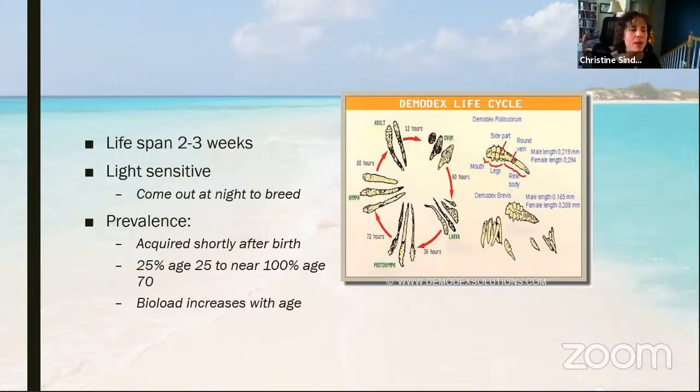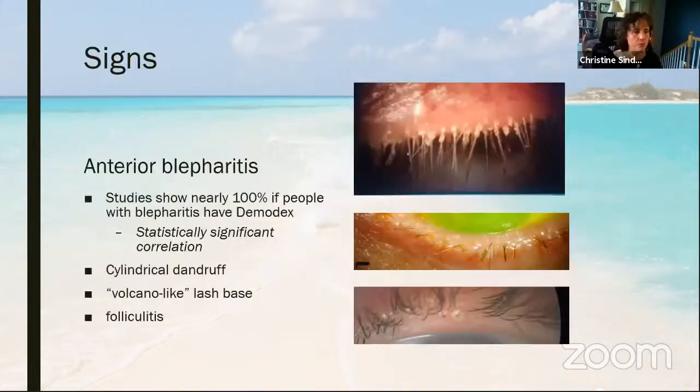So we have to keep the bioburden down on the ocular surface, on the eyelids, in order to create good ocular health. If we have that increased bioburden, we have an increase of inflammatory products. When we have the increase in inflammatory products, we have the dropout of the Meibomian glands, the telangiectasia, and the changes to the conformity of the eyelids themselves.